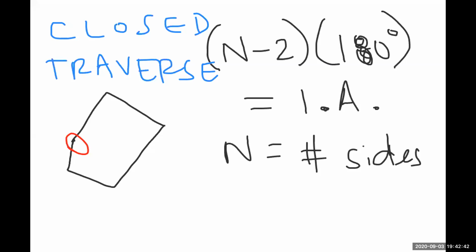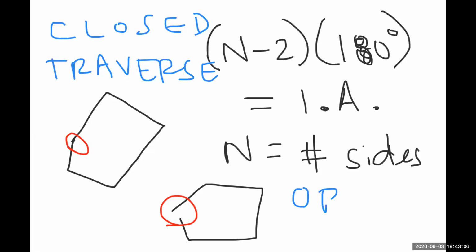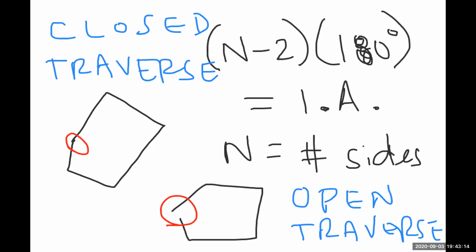If you ever see a shape that looks like this and doesn't close on itself, we call that, anyone? Bueller? We call that an open traverse, meaning that it's open, it doesn't hold an area.